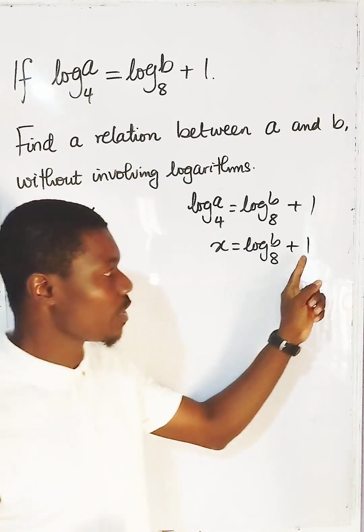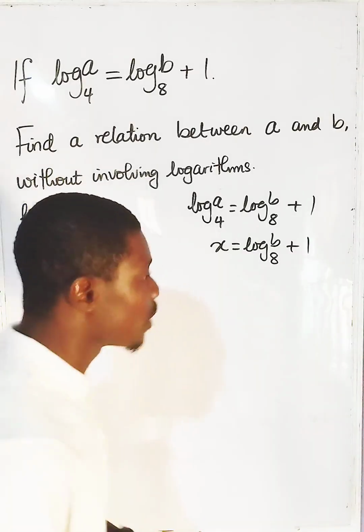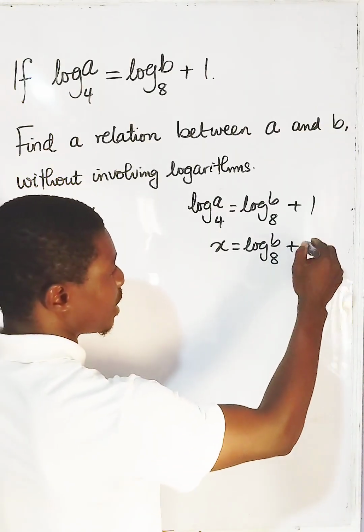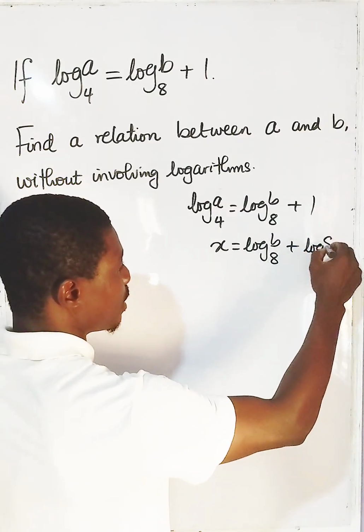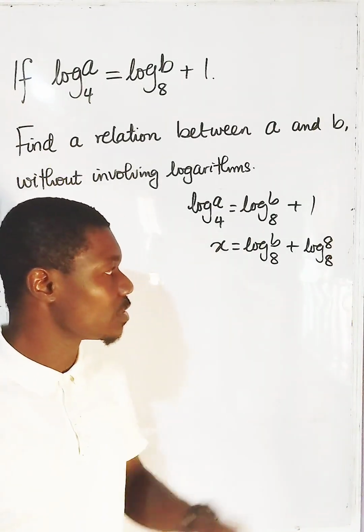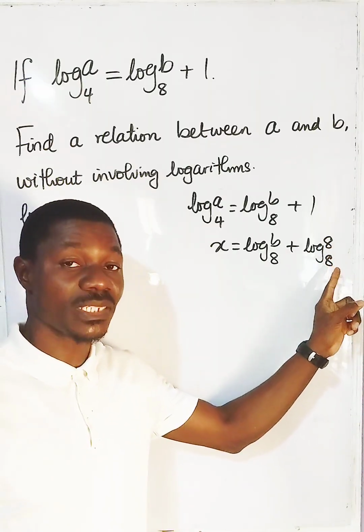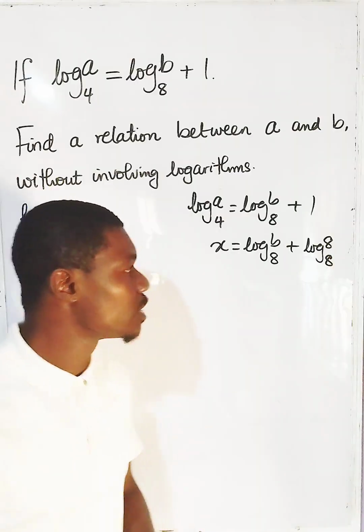Now since here we have 1 and this log is base 8, we can actually say that this 1 is log 8 base 8. Whenever the argument of a log and its base are the same, it equals 1.